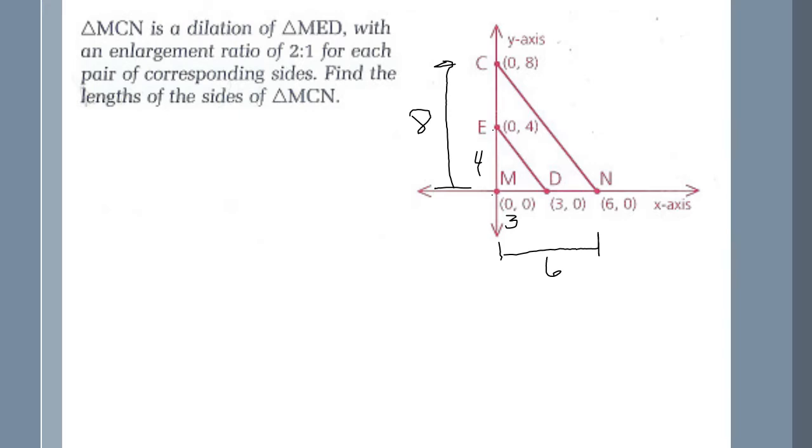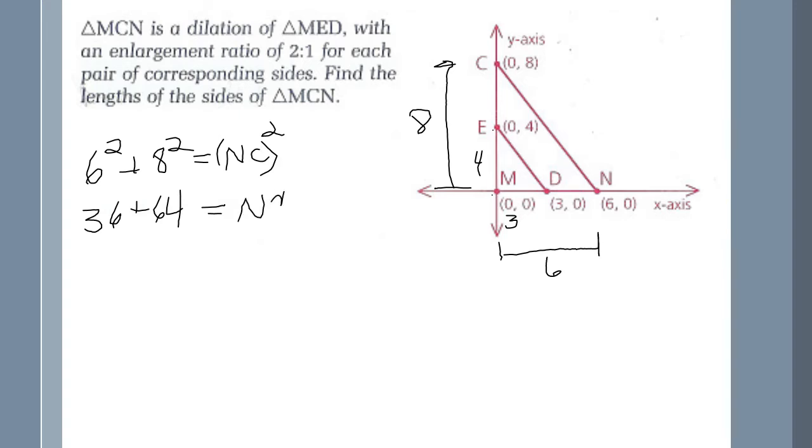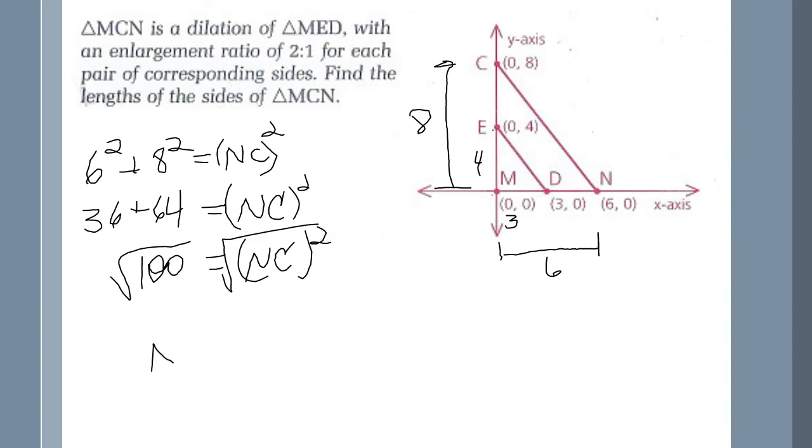We'll use the Pythagorean theorem because that may be a little simpler. 6 squared plus 8 squared equals NC squared, and I end up with 36 plus 64 equals NC squared, which means 100 equals NC squared. We take the square root of both sides, and we end up with NC equal to 10. So the sides are 6, 8, and 10.